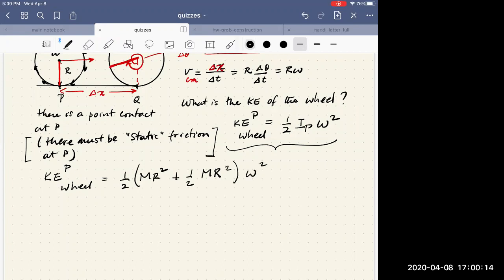Now this 1/2 m r squared, by the way, comes in only because we are dealing with the disk.